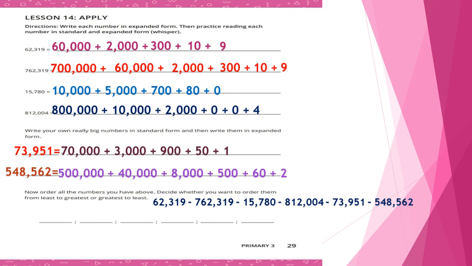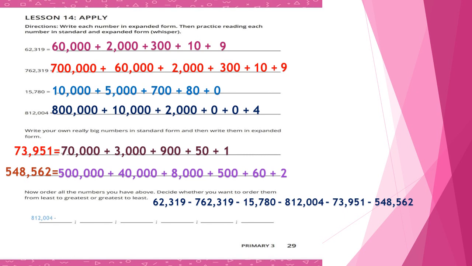Then, which is the greatest number here? 6 digits. We have here 3 numbers, 6 digits. 762,319, 812,004, 548,562. We have here 7 in 100,000, 8 in 100,000, 5 in 100,000. Which is the greatest?